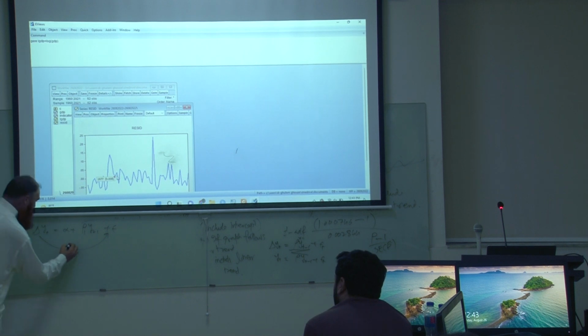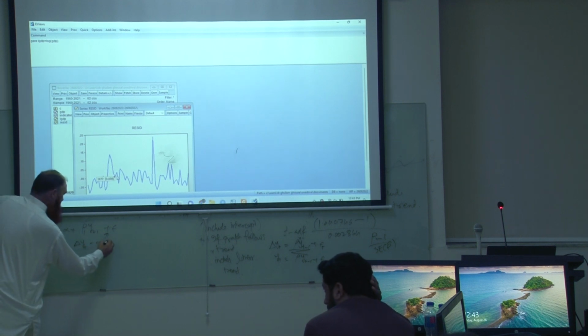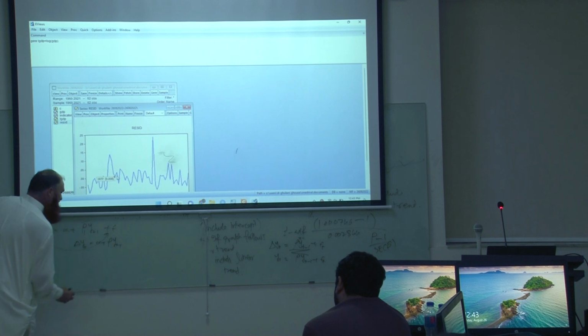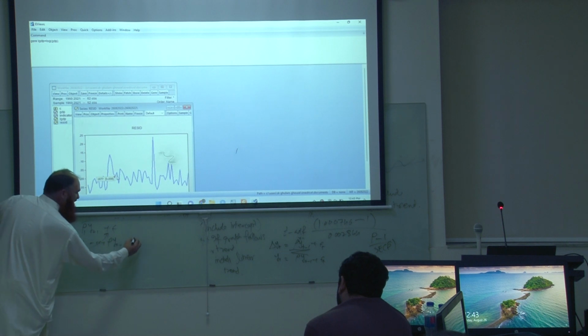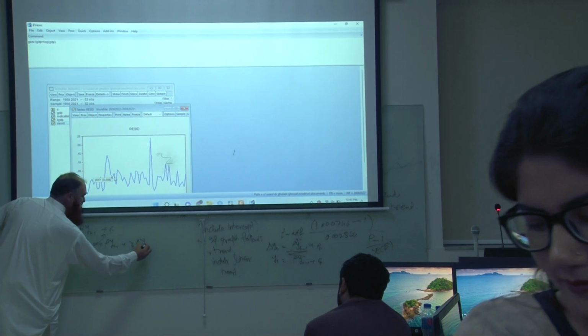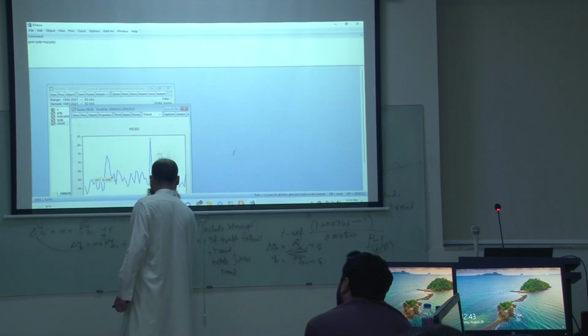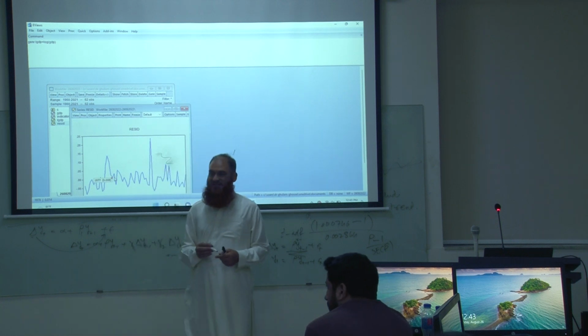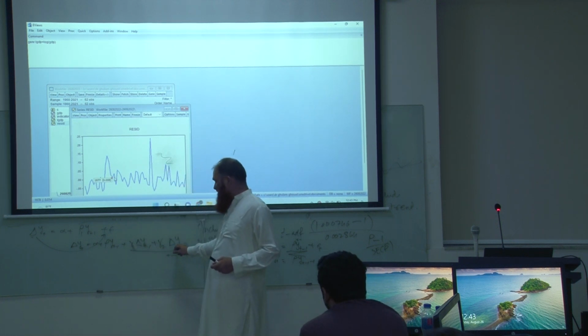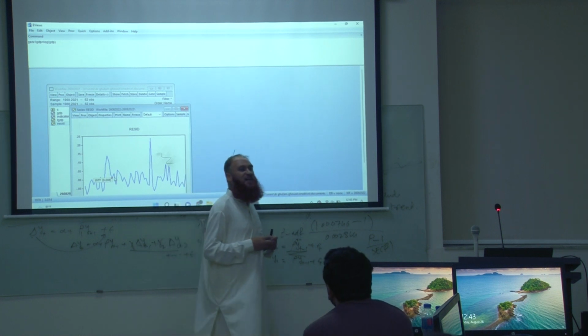So it will become del y_t equals alpha plus rho y_(t-1) plus delta_1 del y_(t-1), plus gamma_2 del y_(t-2), and so on, and at the end you will have epsilon. This is called augmentation, and because of this the test is known as the Augmented Dickey-Fuller.